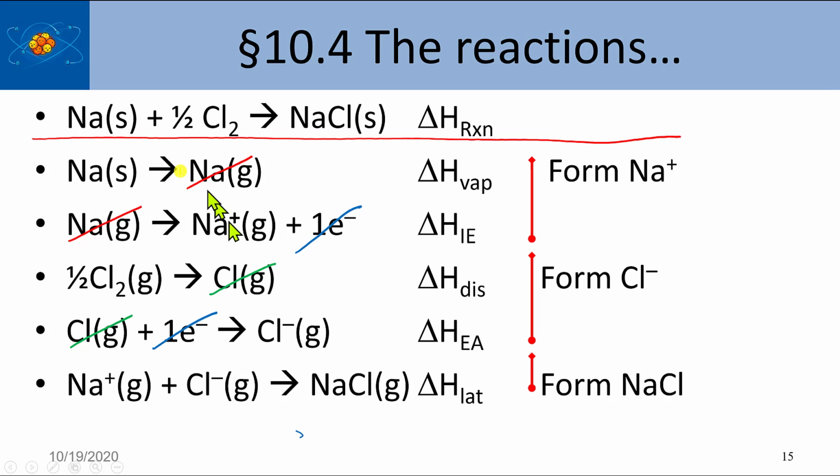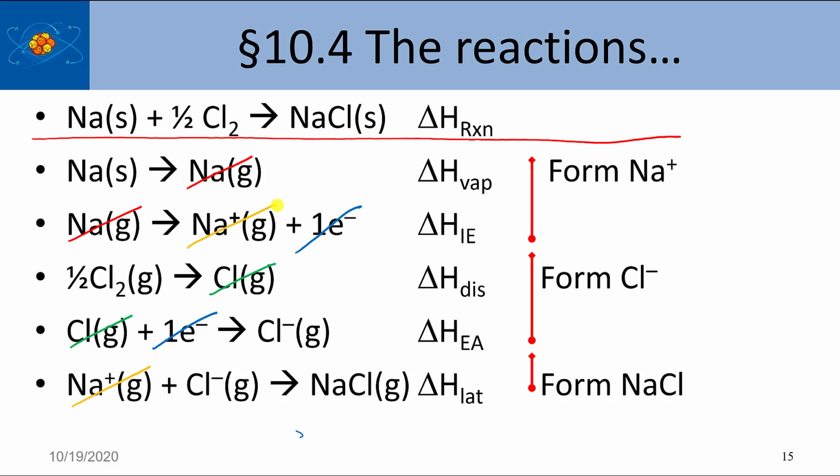So if I add all of these things together, and I get a reaction, what do I get to do with Hess's law? Well, I just add all of these things together, right? But now look what happens when I add this reaction to these reactions up here. The sodium gets to cancel with the sodium up here.